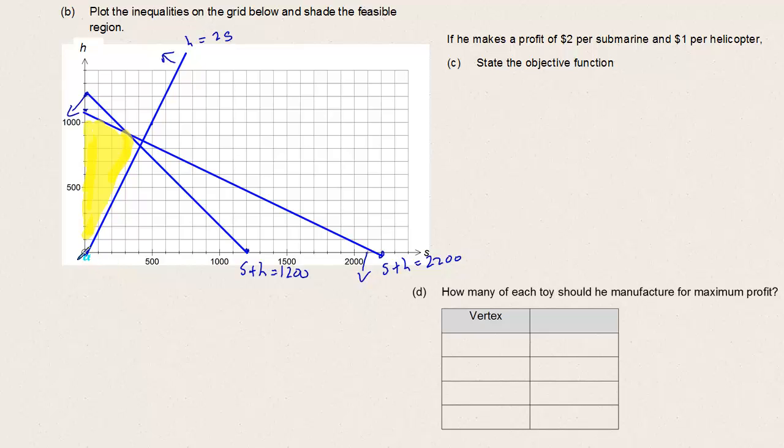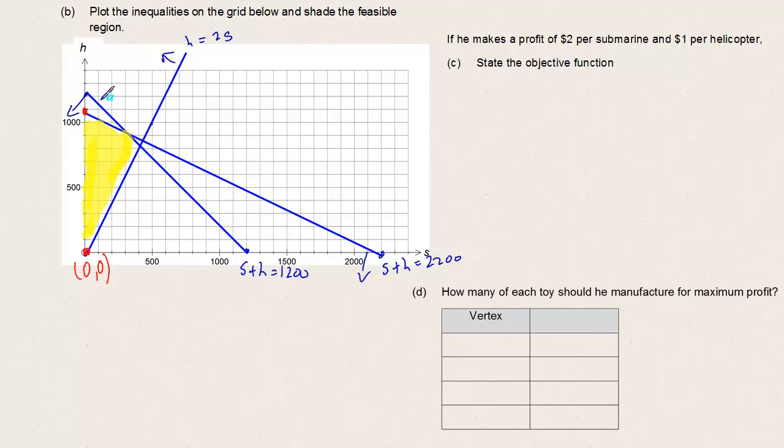Now we need the vertices of the region. It's not always easy to find these when you have such coarse grid paper, and they certainly give you paper like this in the exam. But usually this comes up on the calculator paper, which means you can find the vertices accurately by solving simultaneous equations on your calculator. But anyway, what we have here is (0, 0).